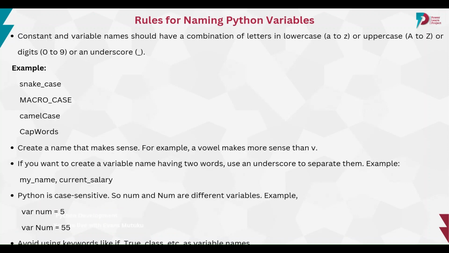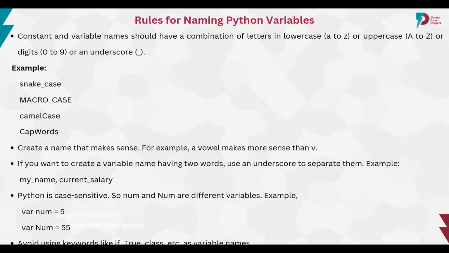So we have different rules for naming variables. What should we have in mind when we are naming our variables? Very simple. We need to understand the naming ways. For example, we have snake case, macro case, camel case, and the caps one.